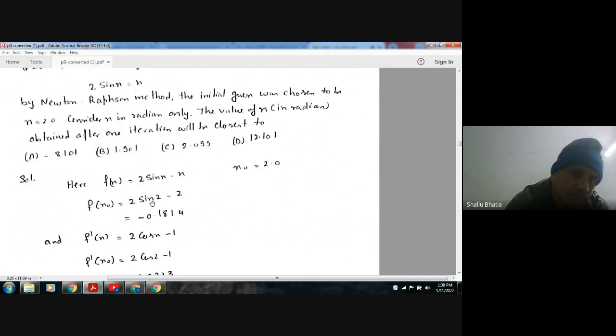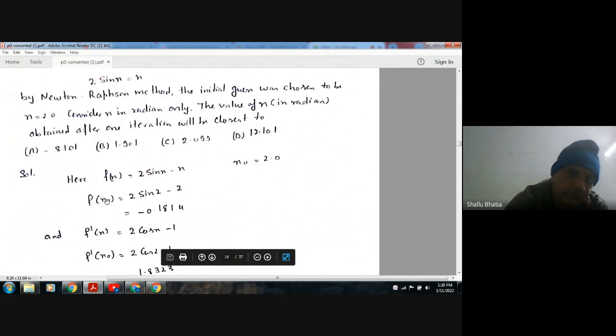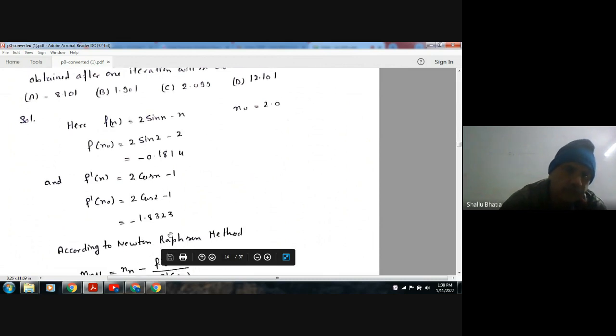calculated, it will be −1.814. Now if we differentiate it, f'(x) will be 2 cos x − 1. So f'(x₀) you can find out by putting x = 2.